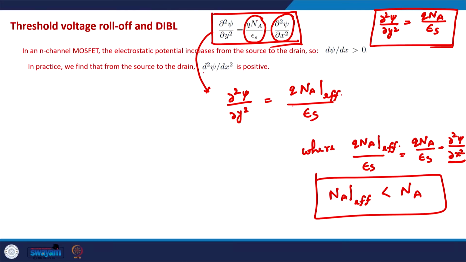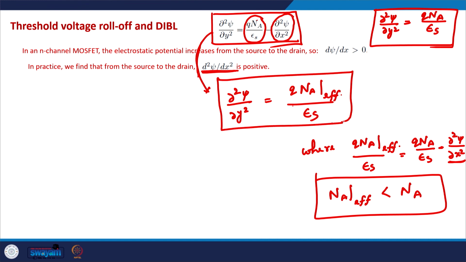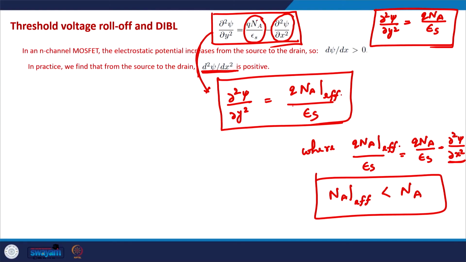So, if this term del 2 psi by del x square is dominant, in that case we can write down the 2D Poisson equation just like a 1D Poisson equation, and hence all the things that we derived for the 1D Poisson equation can be used here as well. But now instead of Na, we need to consider Na effective, which is a smaller number than Na.